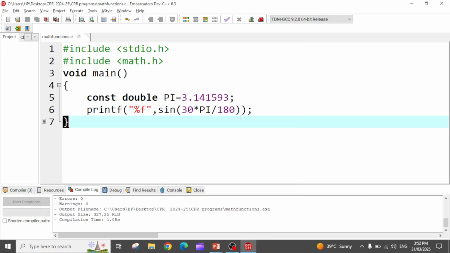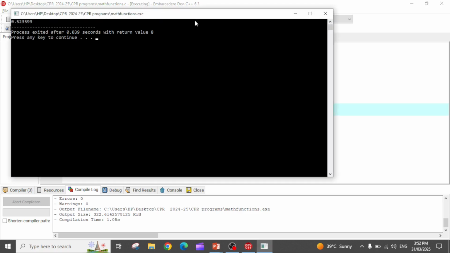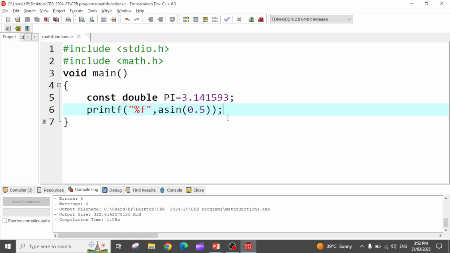Same is the case with cos and tan. If I want to find arc sine, meaning sine inverse, then inside the bracket you have to write the value whose arc sine is to be found. I have written 0.5, then the answer I am going to get is 0.5235. Again, it is in radian.